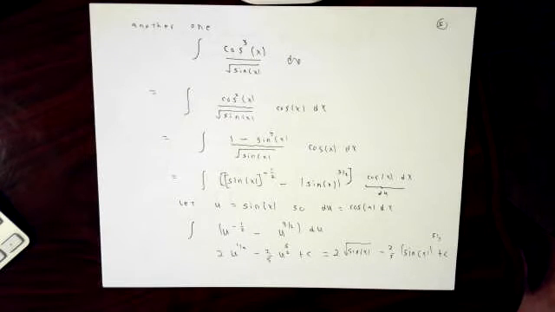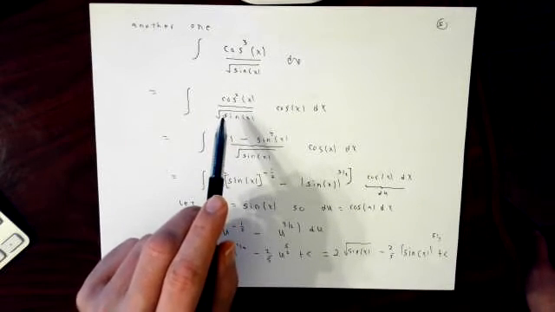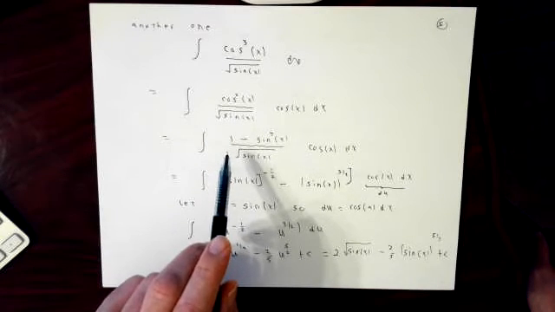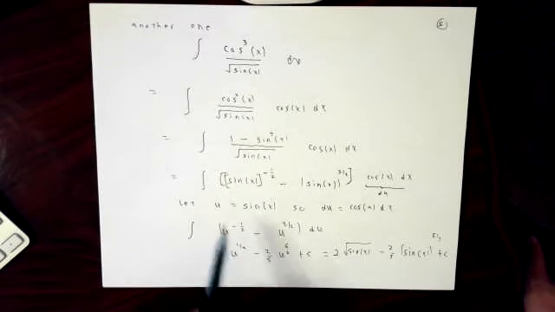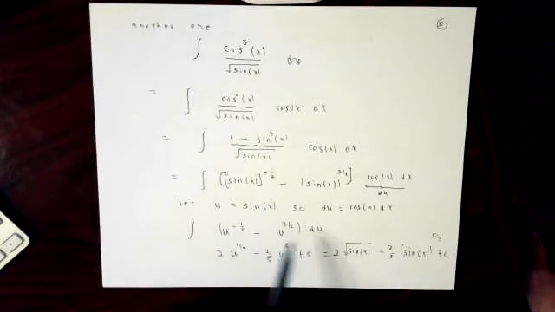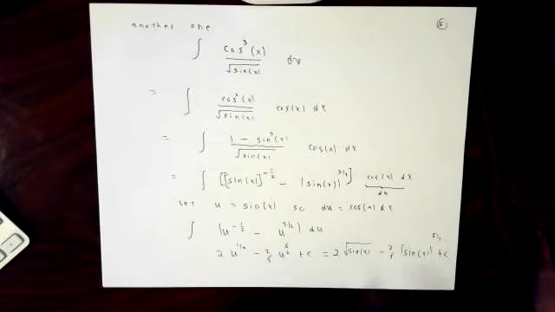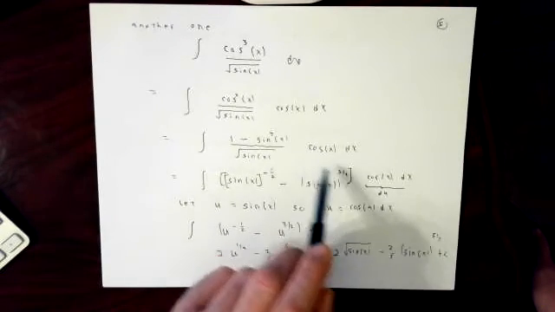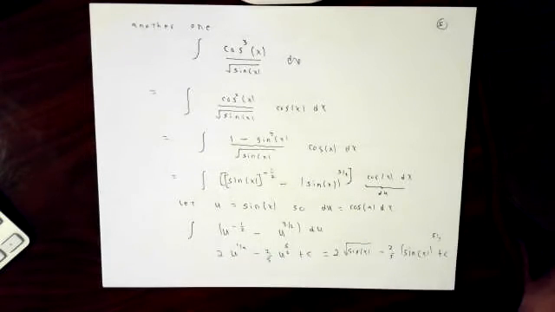I've got 3 factors of cosine, so pull one of them off to the side and put it with the dx. Write cosine squared of x as 1 minus sine squared of x. Simplify the fraction. Let u equal sine x so that du ends up being cosine x dx, which is that part there. This turns it into an integral that is not a polynomial, but at least is just constant powers of the variable. So this then is easy to do also.